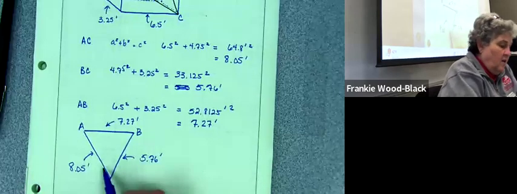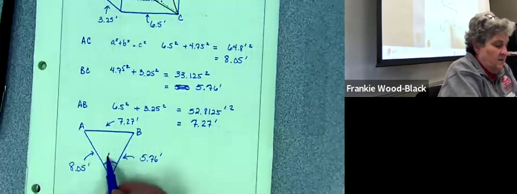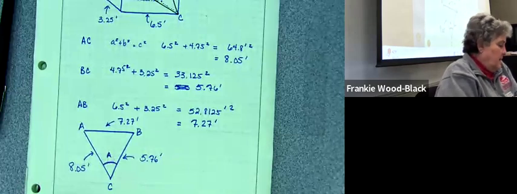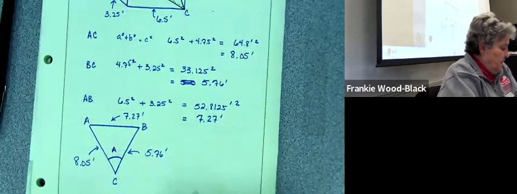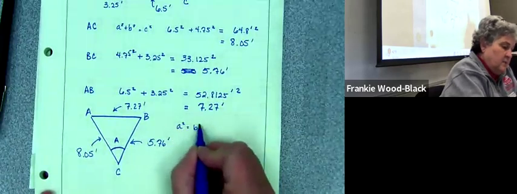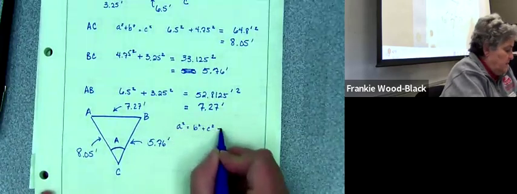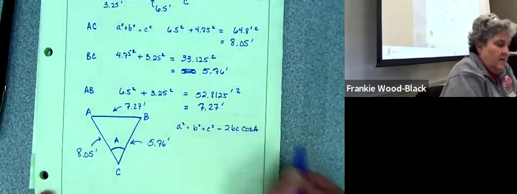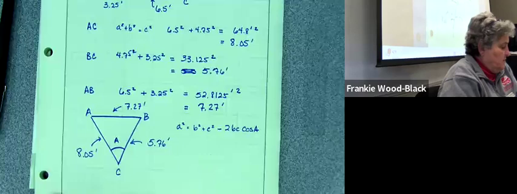And if I want to solve for this angle, angle A, I can use the law of cosines: a squared is equal to b squared plus c squared minus 2bc cosine of A. We just have to make sure we know which sides are our a's and our b's.